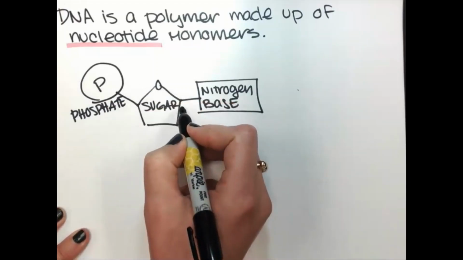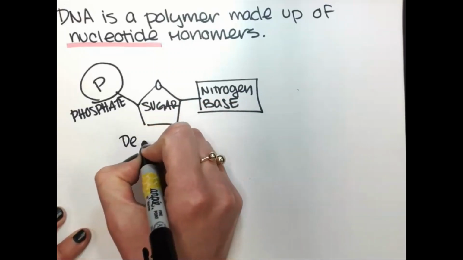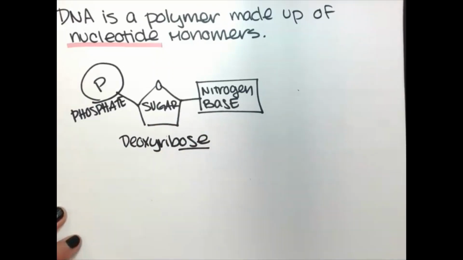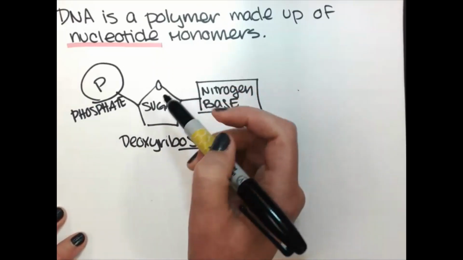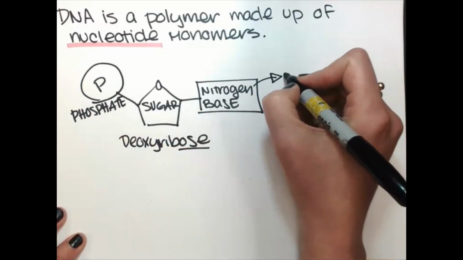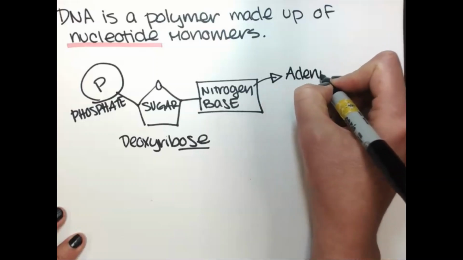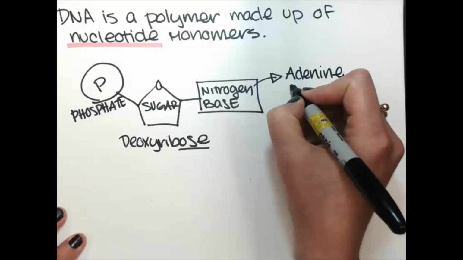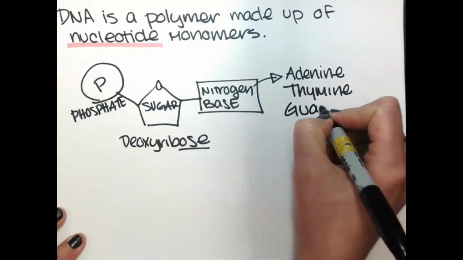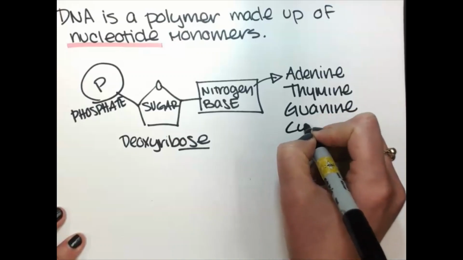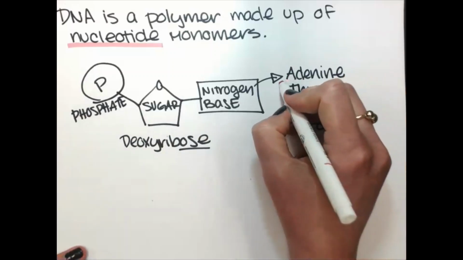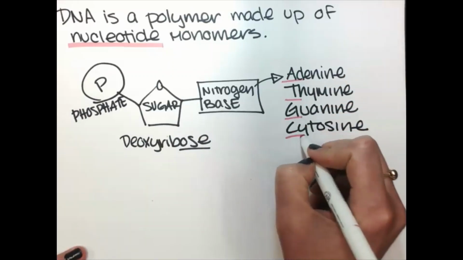So in DNA, the sugar is going to be deoxyribose. Remember that ose tells you it's a sugar. The phosphate, and then you have one of 4 possible nitrogen bases. You have adenine, thymine, guanine, or cytosine. So usually we just call them A, T, G, and C.